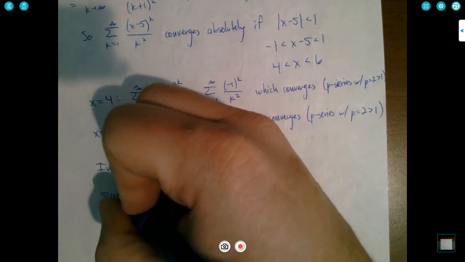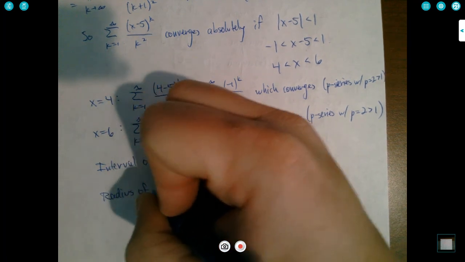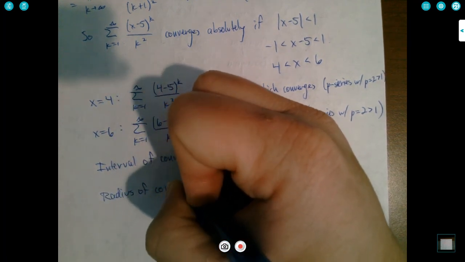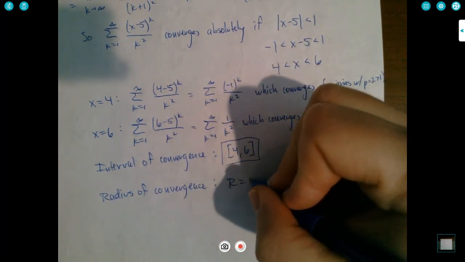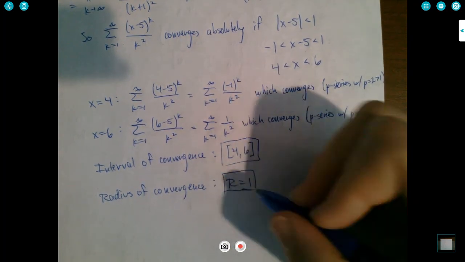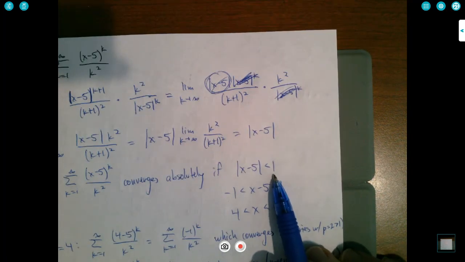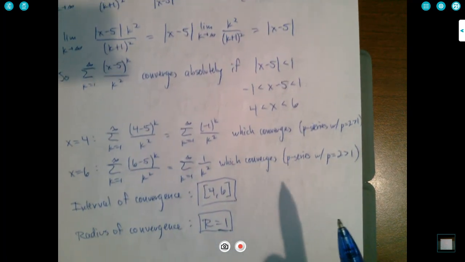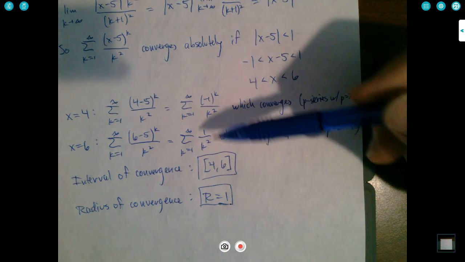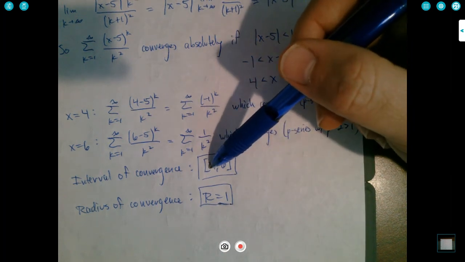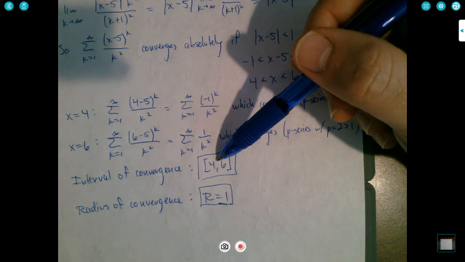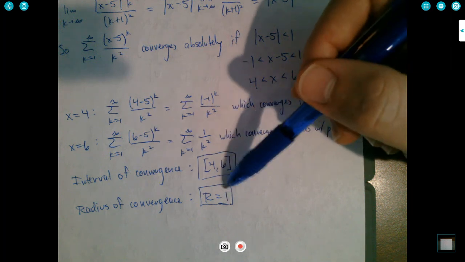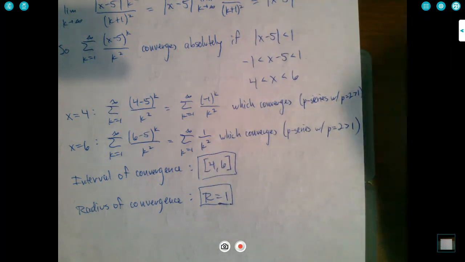The radius of convergence is r equals 1. You can see that here, but you can also see it because the length of this interval is 2. So from the center of the interval to the endpoint is length 1, so the radius of convergence is 1.